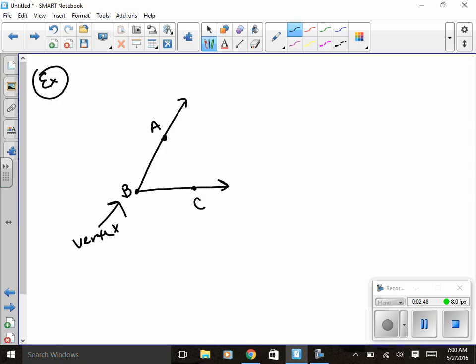And with that, when we name this angle, the B has to be in the middle of your combination of 3 letters. So this could be angle ABC or angle CBA. So if you notice here, both of these angles have B as the middle letter, which is what you have to have. That tells you where your vertex is. That tells you where the angle is formed.